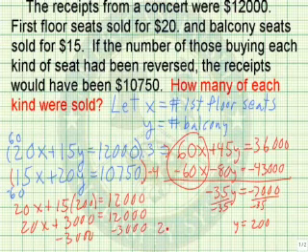So we have 20x equals 9,000. Dividing both sides by 20, x will equal 450. So our answer, x is 450 and y is 200. So 450 would be the number of first floor seats, and 200 would represent the number of balcony seats.